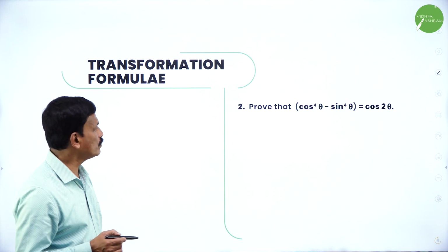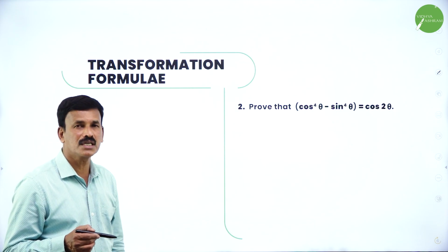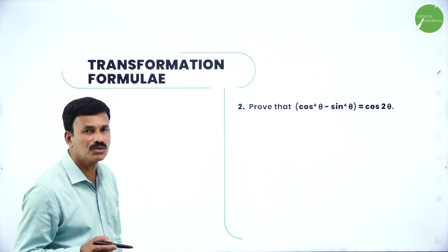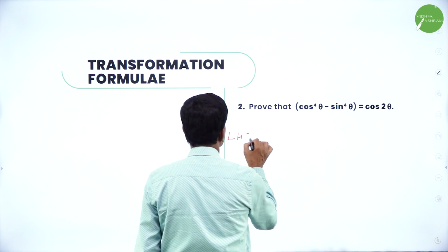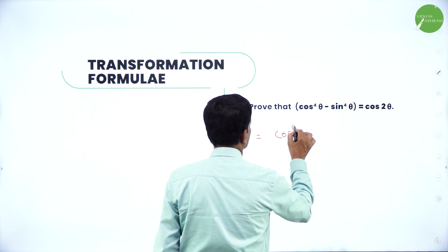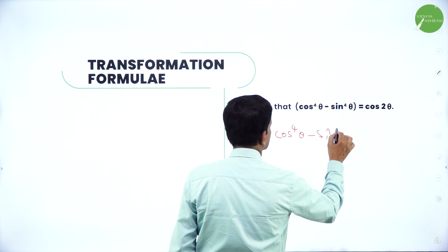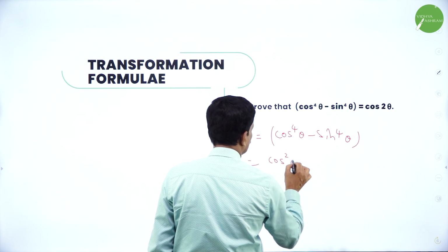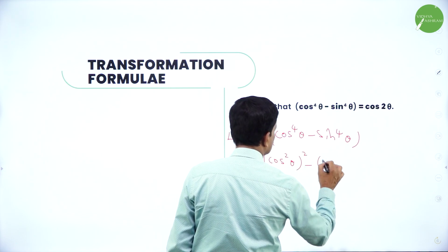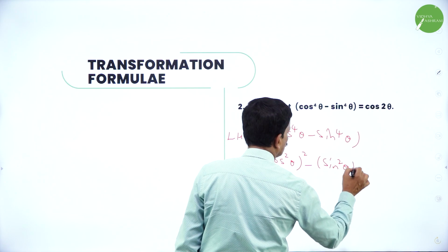This is a very important problem. Prove that cos to the power of 4 theta minus sin to the power of 4 theta is equal to cos 2 theta. So take LHS: cos to the power of 4 theta minus sin to the power of 4 theta. This can be written as (cos square theta) whole square minus (sin square theta) whole square.